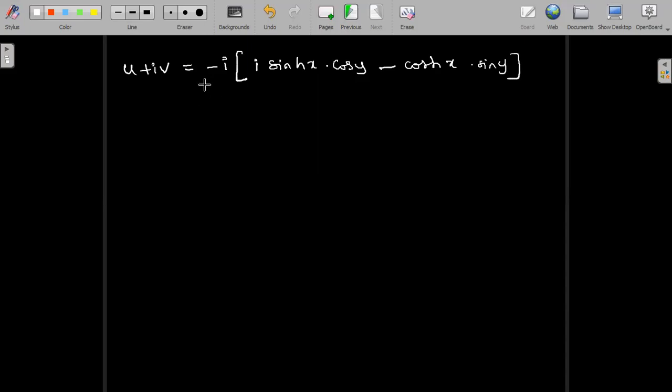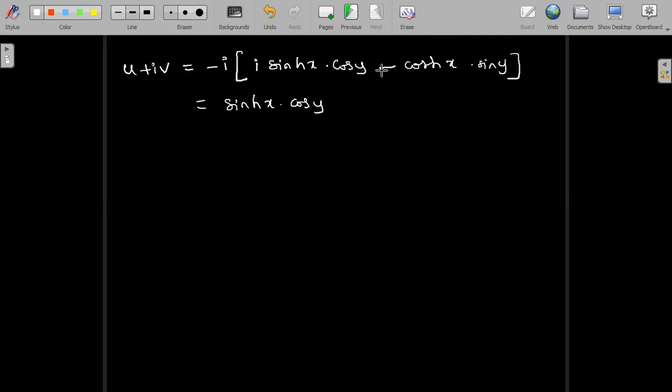Now we will multiply this minus i inside. So what do I get? I into i, we observe, is i square, which is minus 1. Minus of this, the outside minus becomes plus. So this gives us plus sine hyperbolic x into cos y. And there is minus of minus inside the second term.